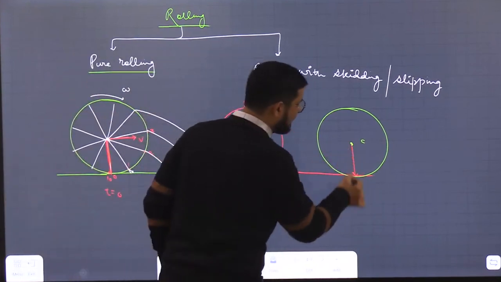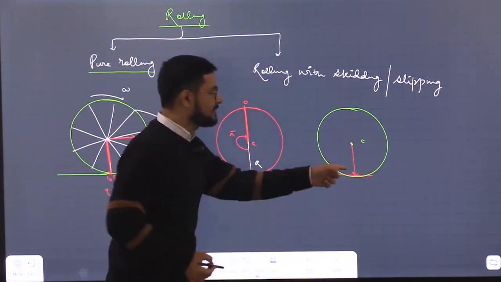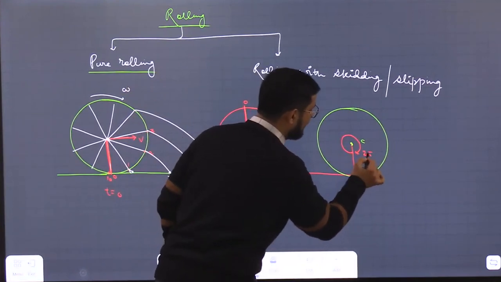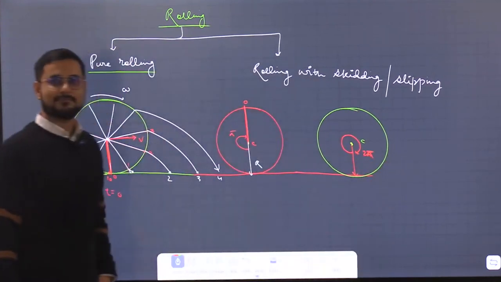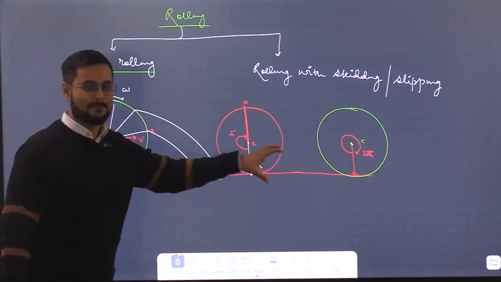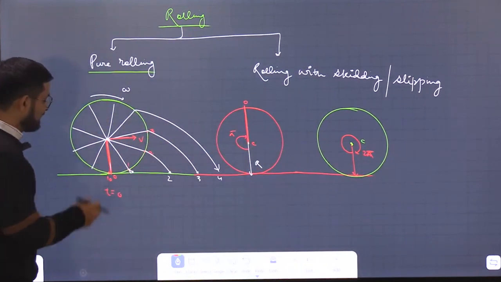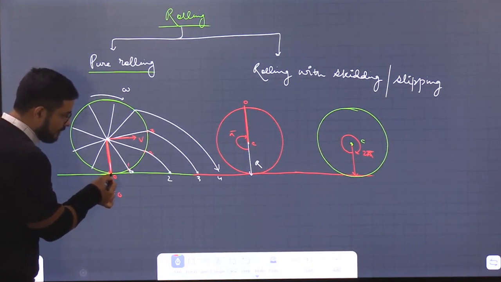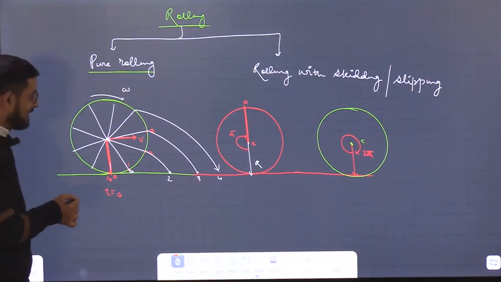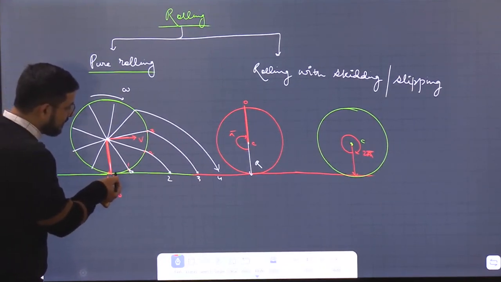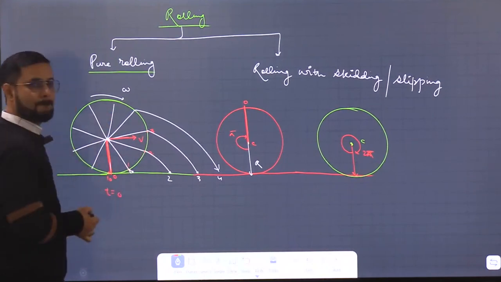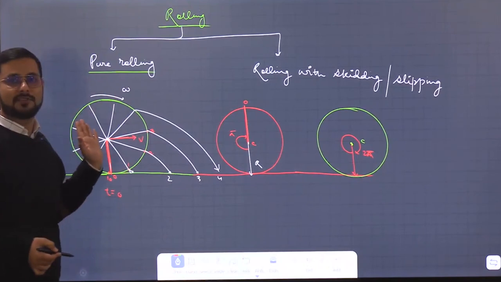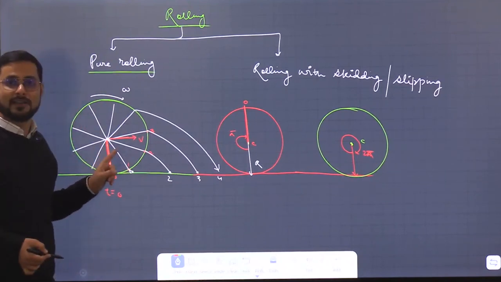So this red spoke will again reach its initial position, and this complete angle is 2 pi radian, right? When it happens, all the numbers up to 10, which is marked just before the 0 marking, have touched the ground. If I ask you what is the length from 0 to 10 along the circumference of this wheel, it will be 2 pi r, the perimeter.